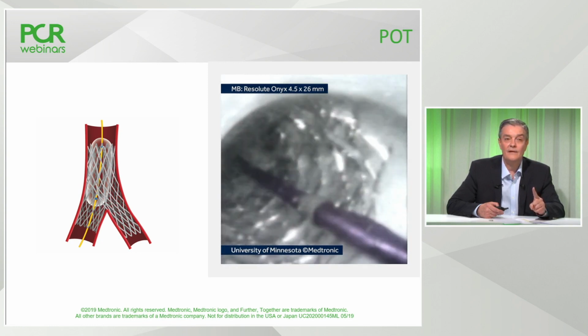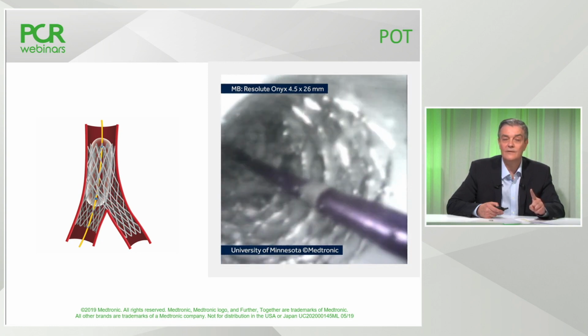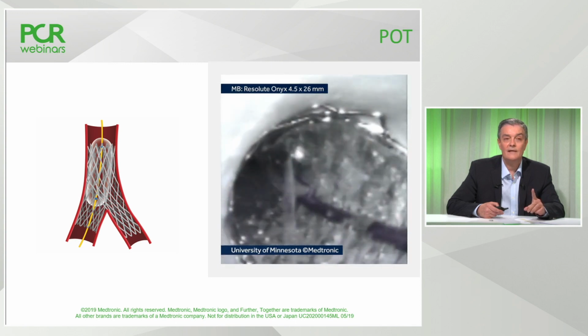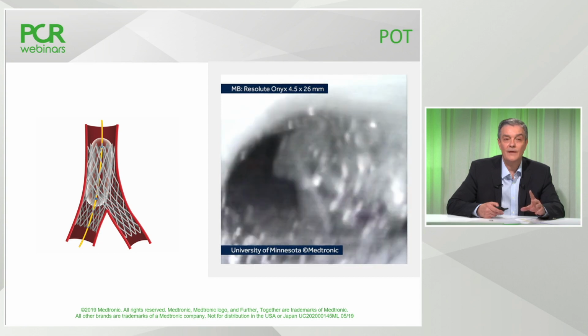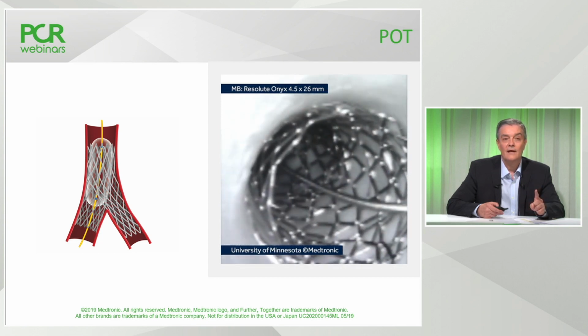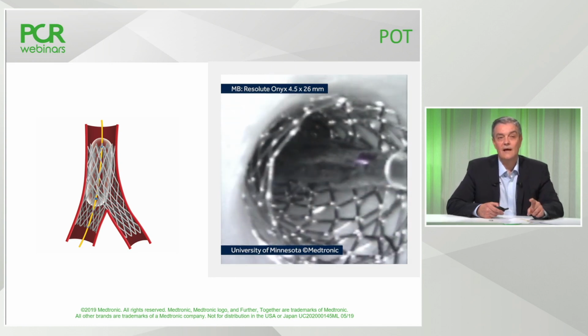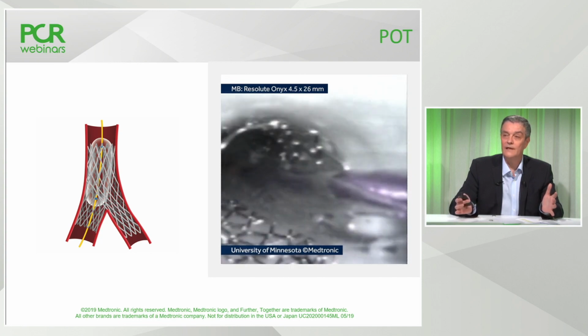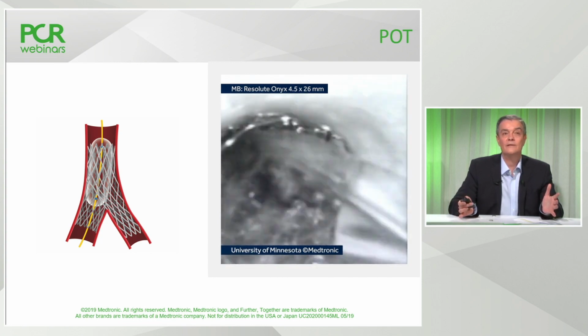And after upsizing of the balloon size, we will see the result, which is really much better stent expansion and position. Compared to this, after POT, you really maximally achieve good expansion also proximally.